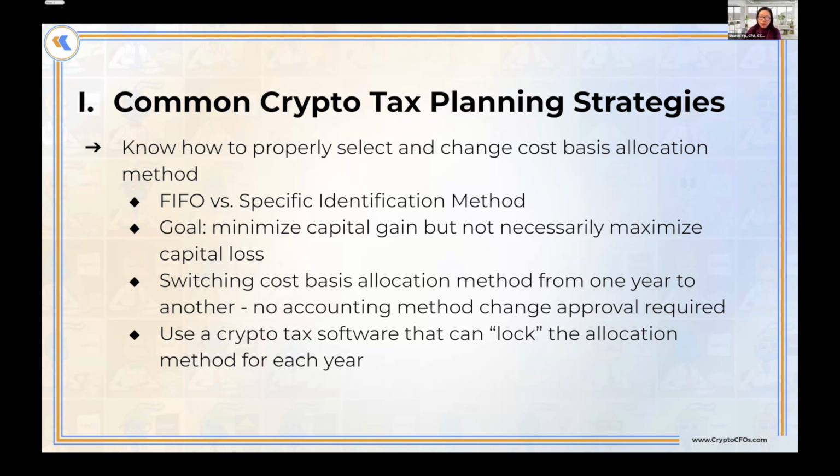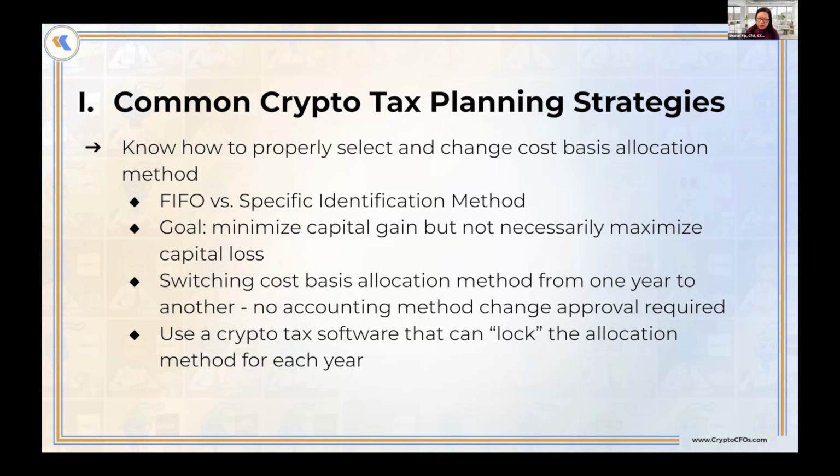There are some confusions about whether change of cost basis allocation method from one year to another is allowed, and if yes, whether approval for change in accounting method is required. So we did some research, and based on our research, we can't find any law prohibiting the change of allocation method.